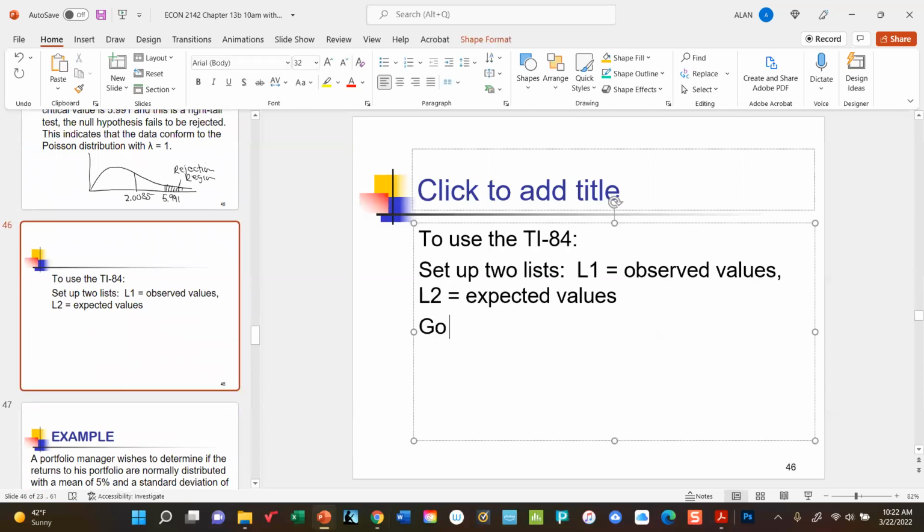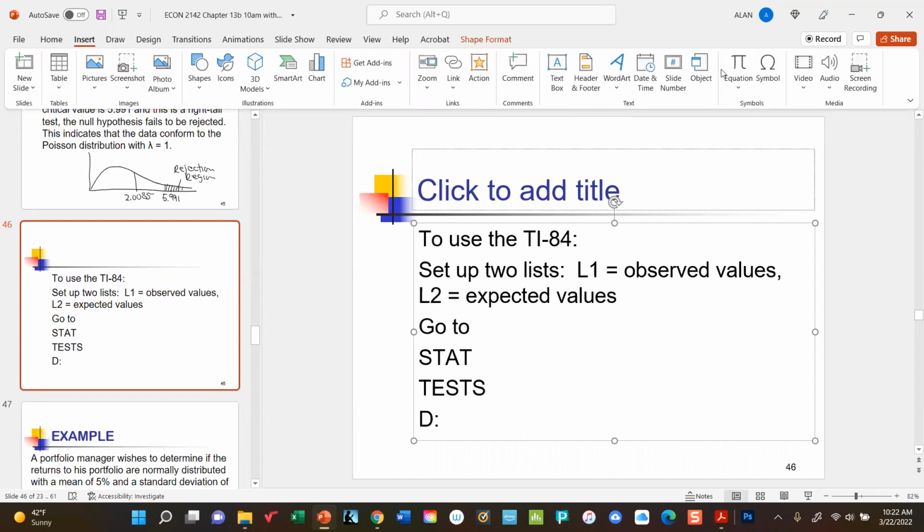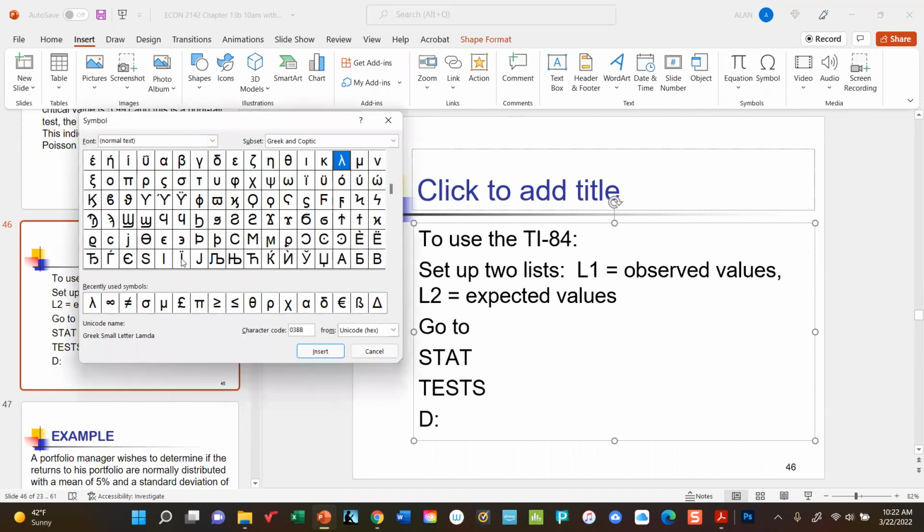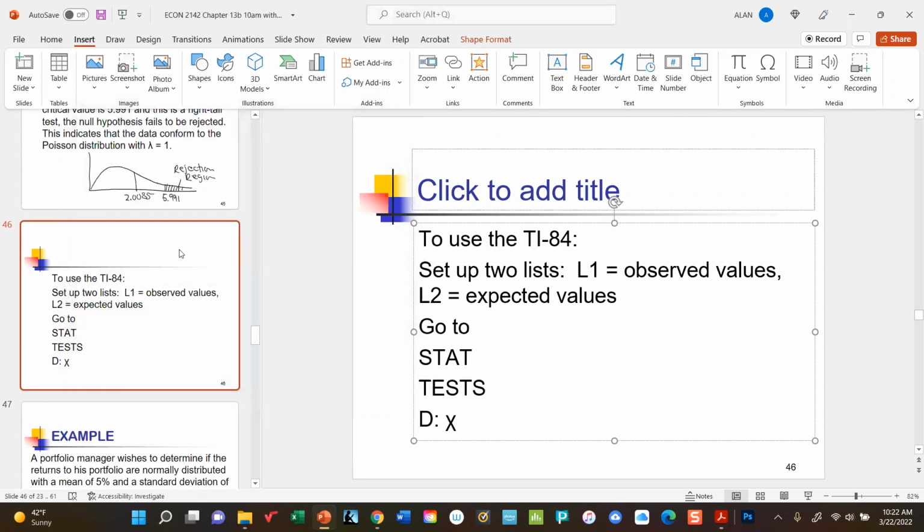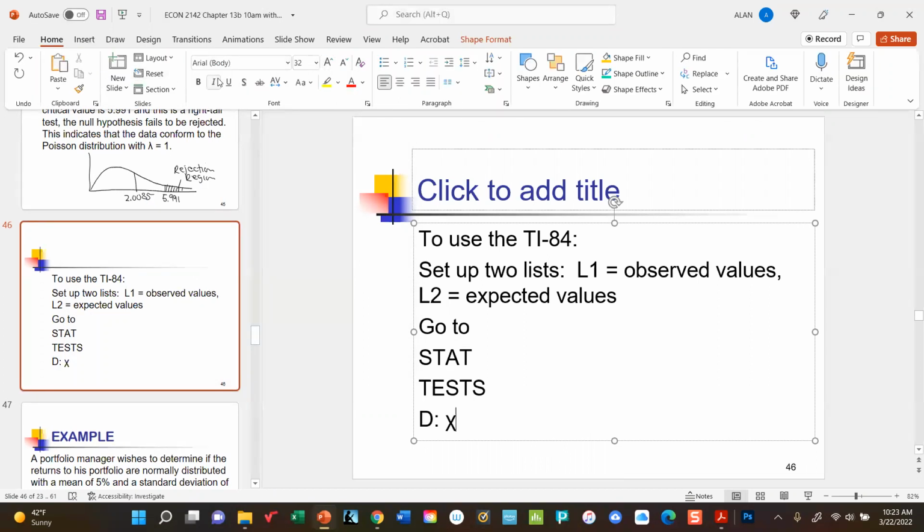We're going to go to Stat, Tests, and if you scroll down the list, look at that, it'll say Chi-square GOF. What do you suppose GOF stands for? Goodness of fit. Chi-square goodness of fit test. So you pick that.